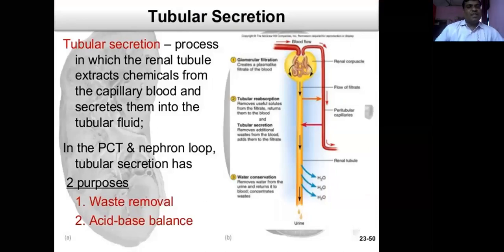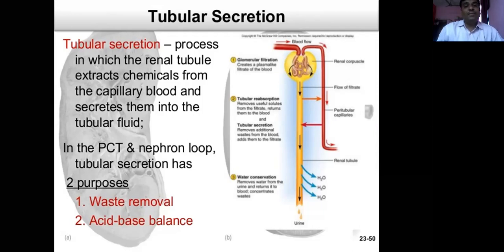In tubular secretion, the renal tubule extracts chemicals from the capillary blood and secretes them into the tubular fluid. If unwanted or extra material is present in the blood, it is secreted into the tubular fluid.